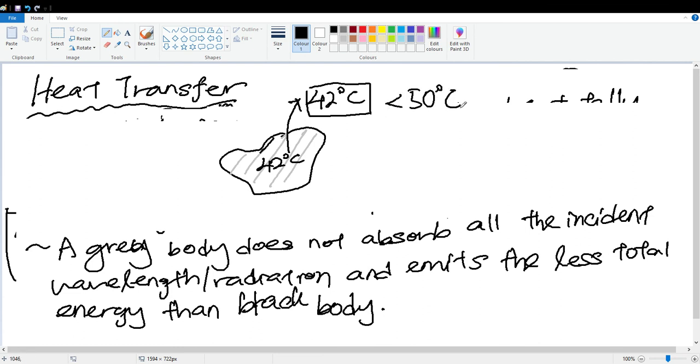This 50 degrees Celsius is the thermal radiation emitted by the black body. So this is what we meant by the sentence, which is, emits less total energy than the black body.